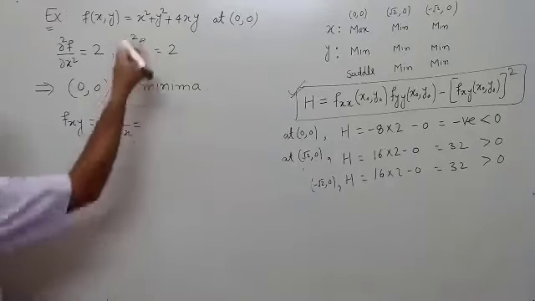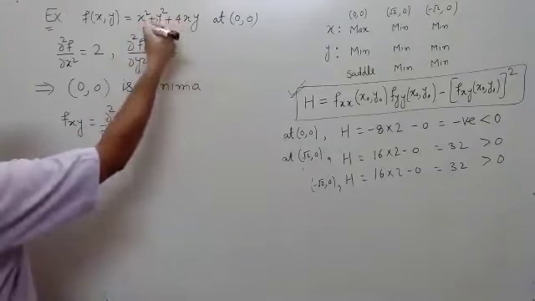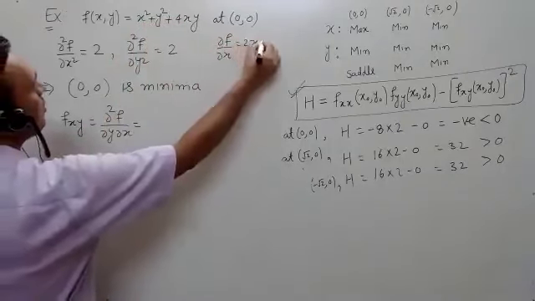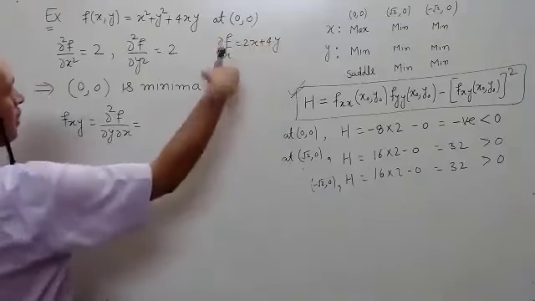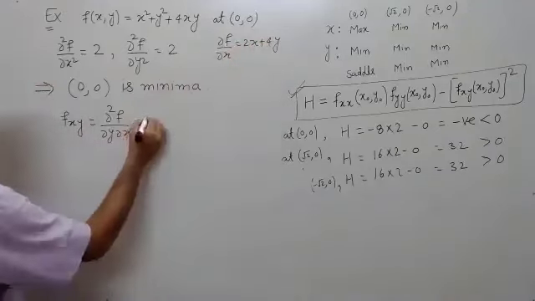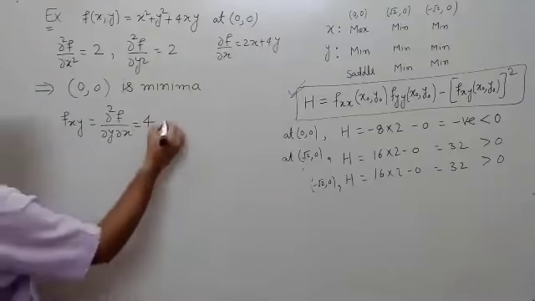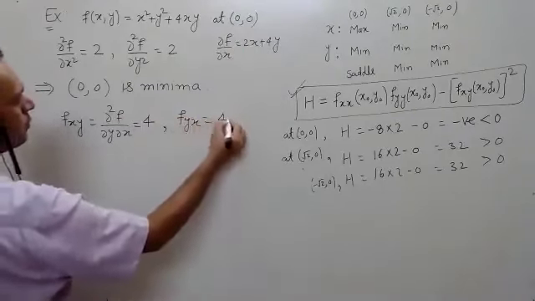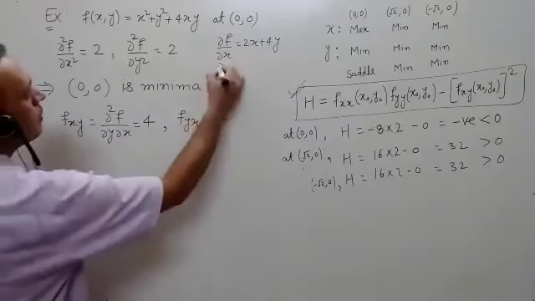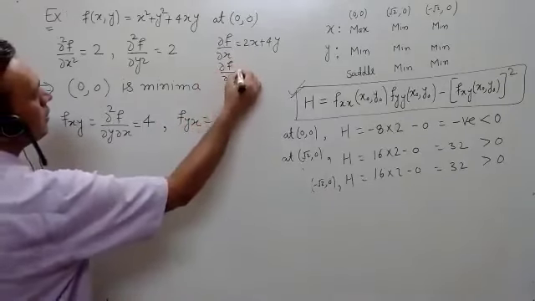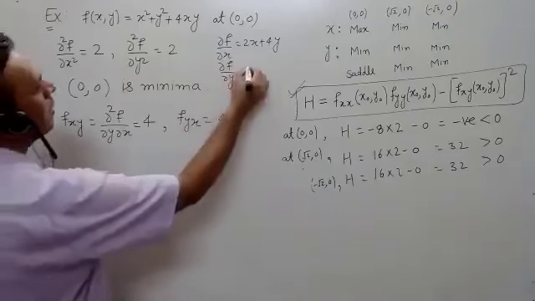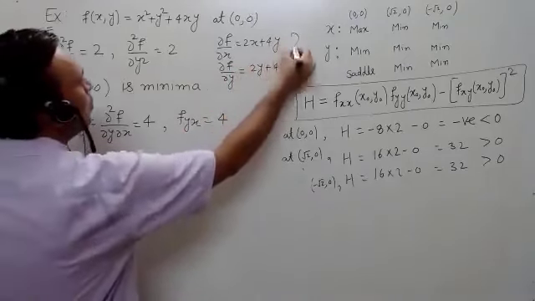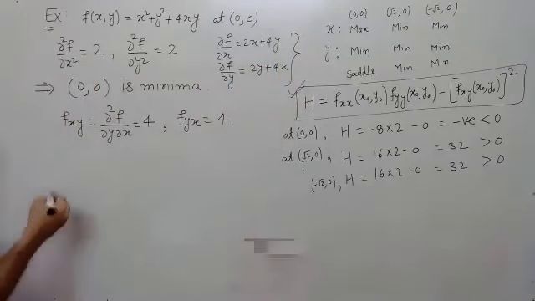If you differentiate with respect to x, del f by del x is twice x plus 4y, and if you differentiate with y, you will get 4. And you will also get fyx is also 4, because del f by del y is 2y plus 4x. So both will give you the value 4.